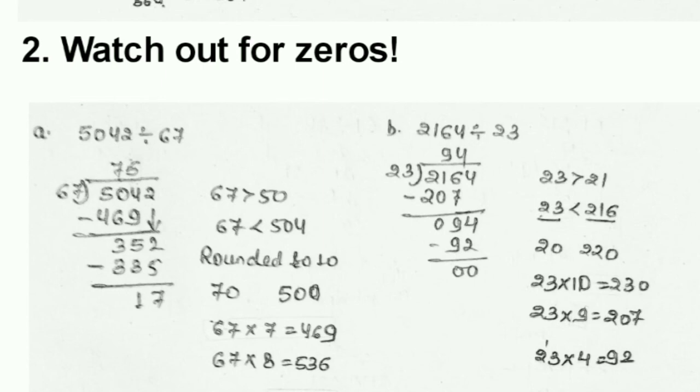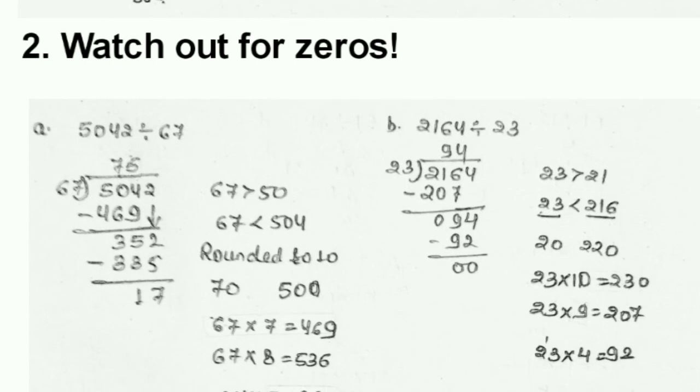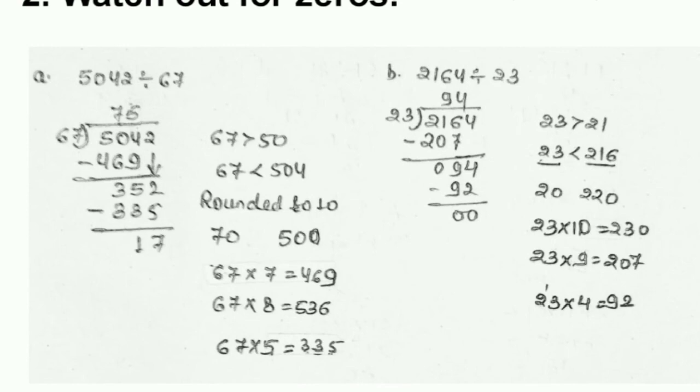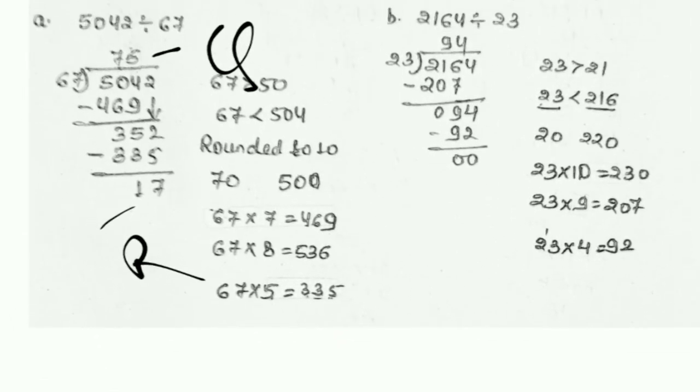The remainder is 35. So in this one, again 67 multiplied by 5, we get 335. So now here the remainder we get is 17 and in this question we get 75. Clear? And one more question I have solved here. You can go through it once.